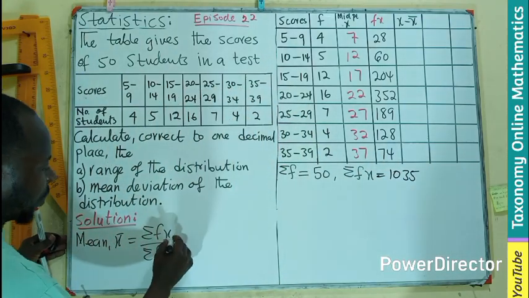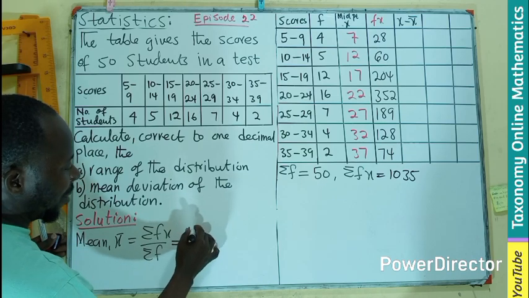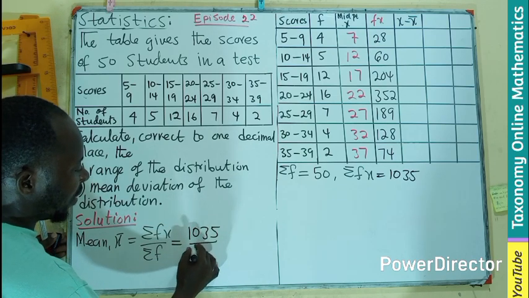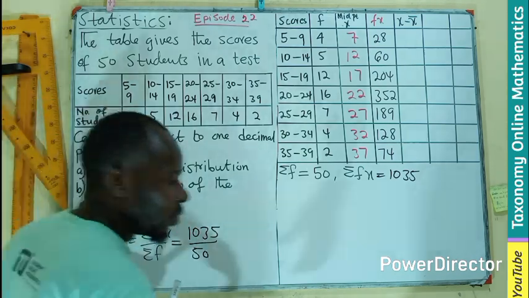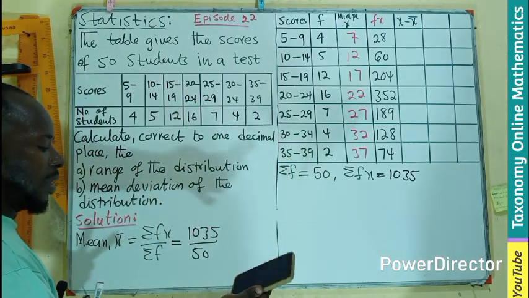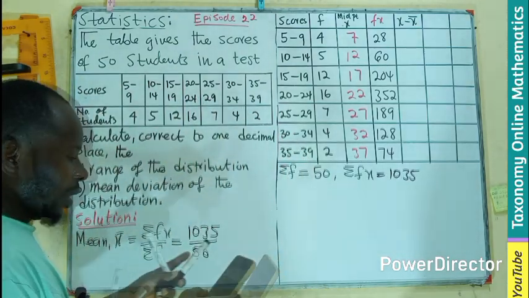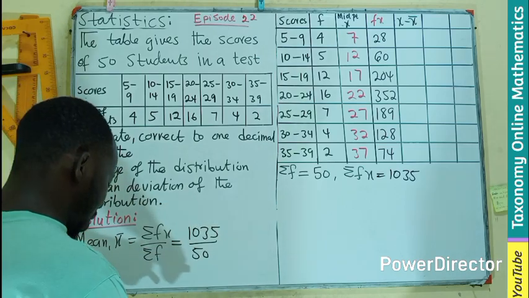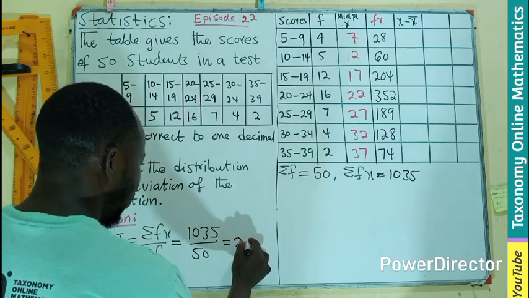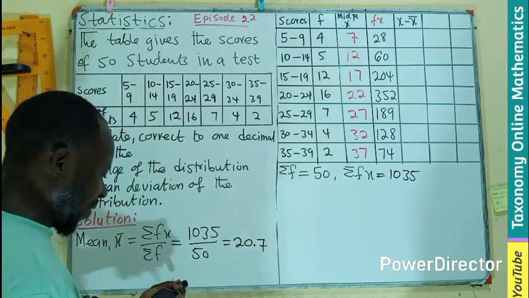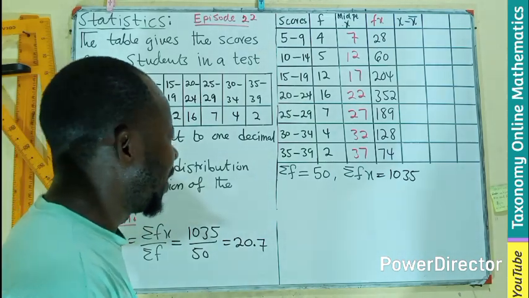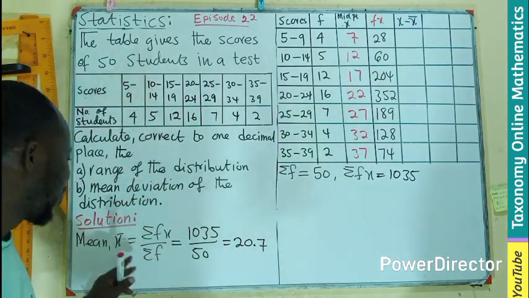So by substitution, we have 1035 divided by 50. We check that on our calculator and see the actual value, and that will be giving you 20.7.